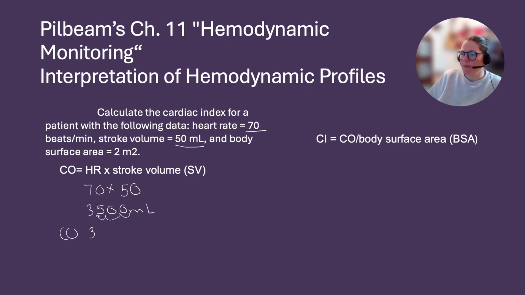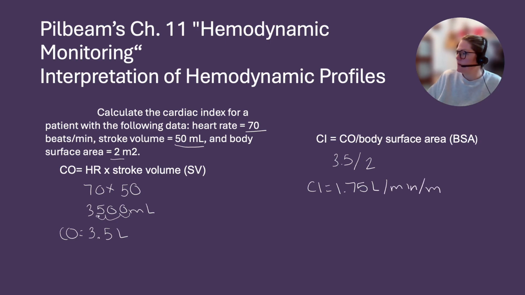So our cardiac output is 3.5 liters. And we'll take that over here to our cardiac index equation, 3.5, again we're in liters, divided by our body surface area of 2, and that's going to give us a cardiac index of 1.75 liters a minute. All right, guys, and that is cardiac index.